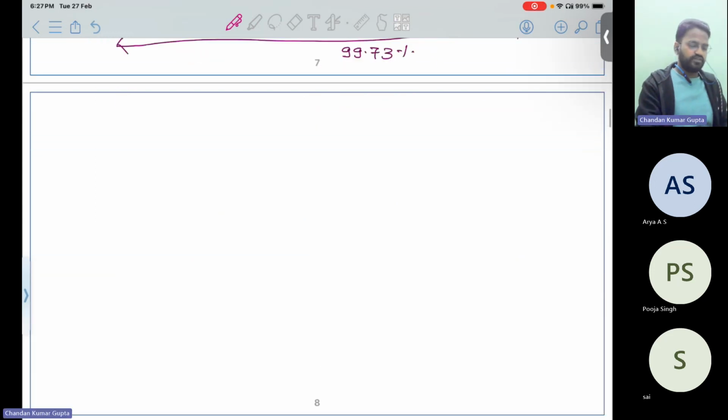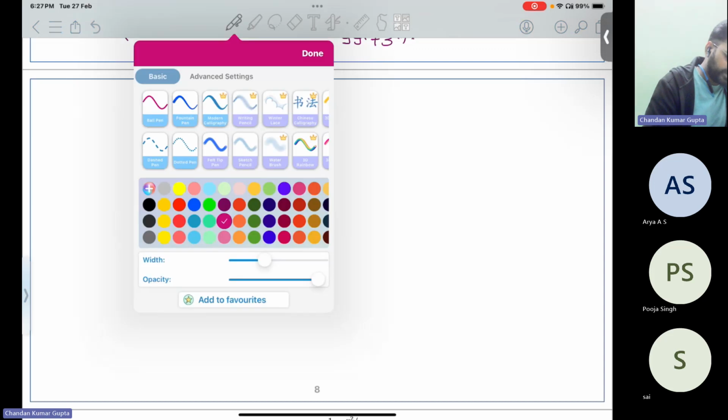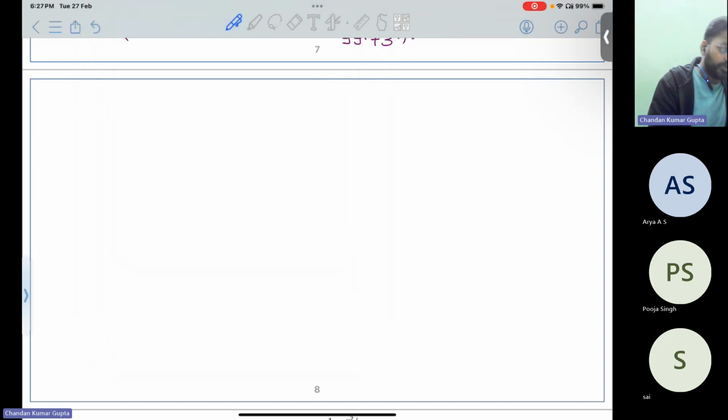Okay. We have some more things to discuss, like the normal approximation to the binomial and the normal approximation to the Poisson. Suppose, for example, X follows binomial with parameters n and p.